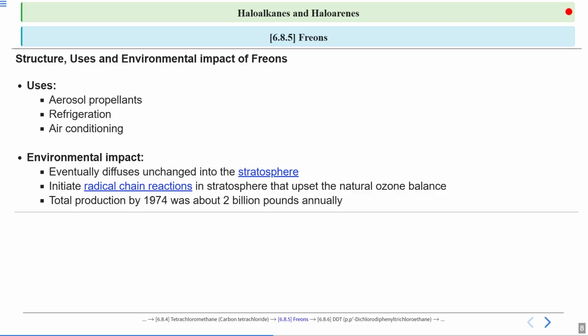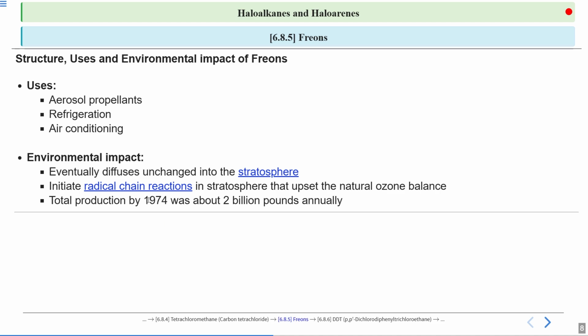Up to 1974, the production of freons was about 2 billion pounds per year, and after that we increased the use of refrigeration, air conditioning and cooling systems in our day-to-day life, due to which the production of freons also increased, which has a bad impact on the environment.